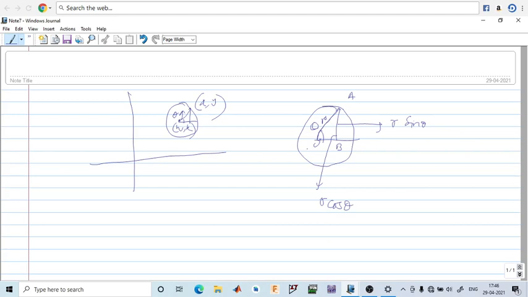So if the coordinate of O, that is the center, is (h, k), then how to write the coordinate of A that lies on the circle? For the x coordinate, it will increase from h, so h plus r cos theta, and for the y coordinate, it will be k plus r sin theta.